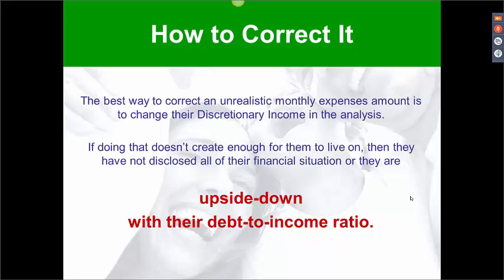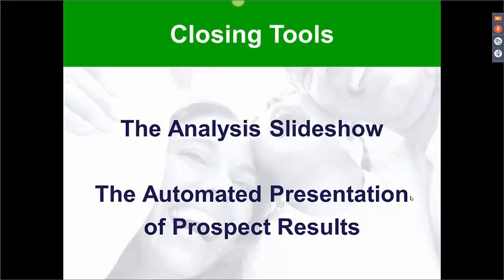The best way to change unrealistic monthly living expenses is to lower the discretionary income to bring up the monthly living expenses using that rule of thumb that I gave you. Otherwise, they are upside down, or they have not disclosed all of their income, or they're inflating their expenses. So be very careful when you're going through this section.